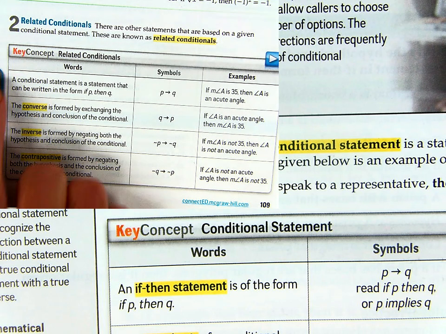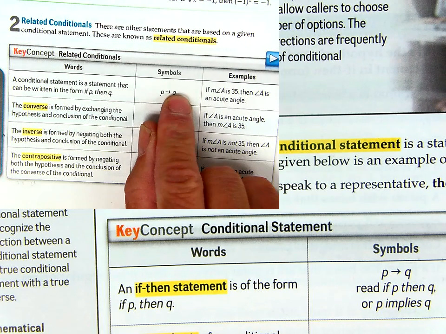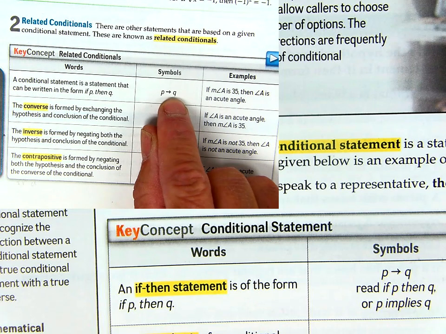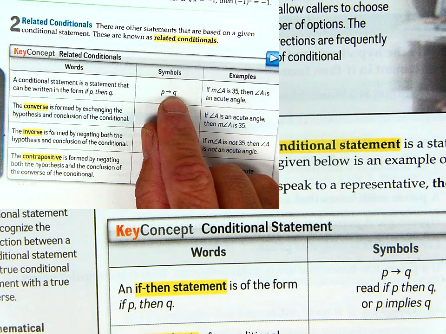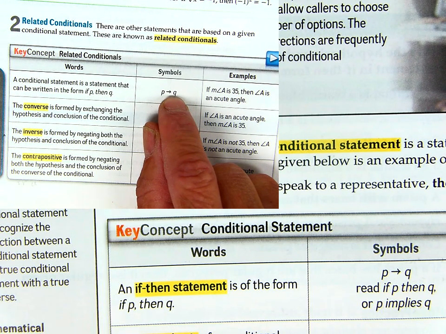All right, here's what we have been talking about. P implies Q. Just a general if-then statement. If you make it all the way through school today, then you get to go home and relax. If-then statement. P implies Q.